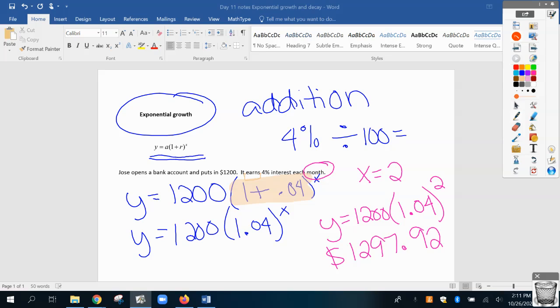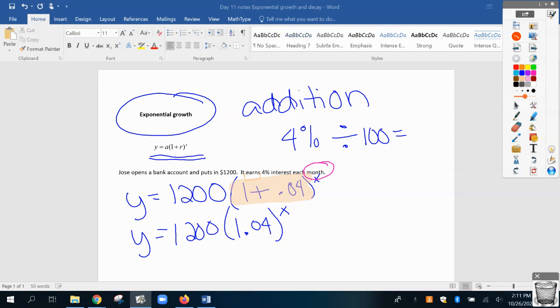What happens if Jose leaves it in the bank for 12 months or 1 year? So if we're leaving it in there for 1 year, that means we want to evaluate this for x being 12. So if we're evaluating this for x equals 12, what are we going to do with that x equals 12? We need to plug that in for x.